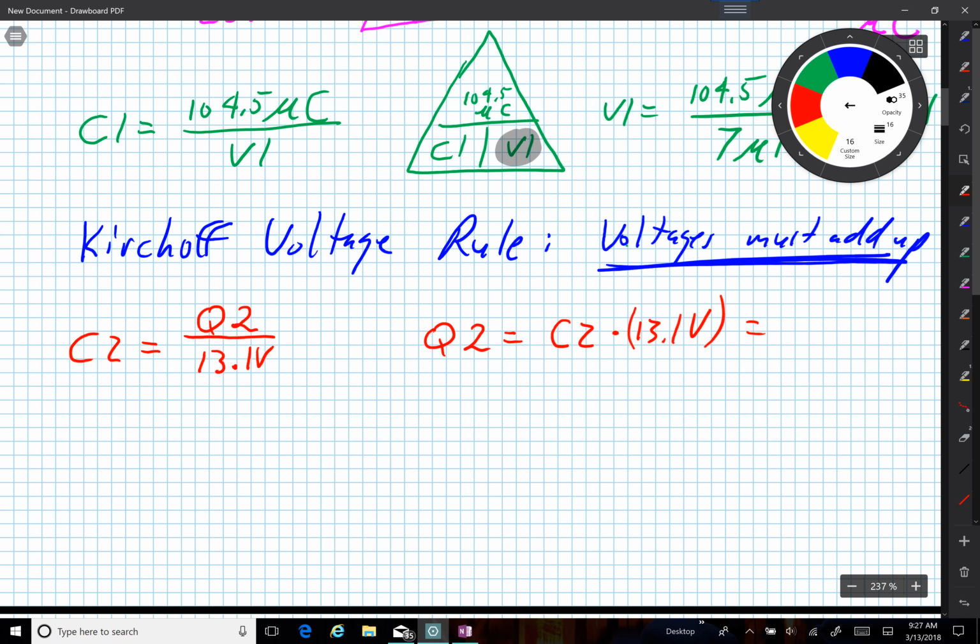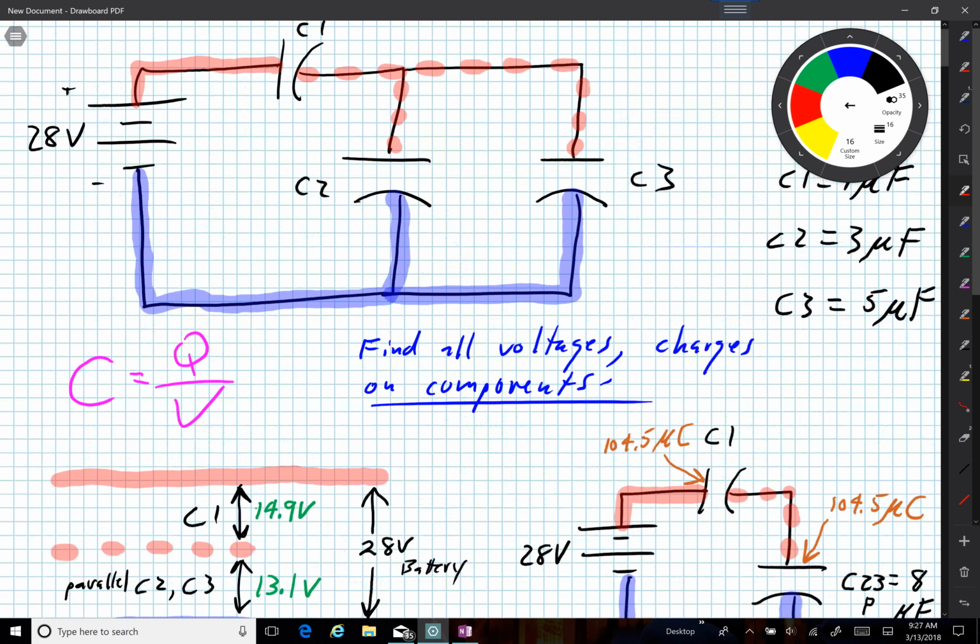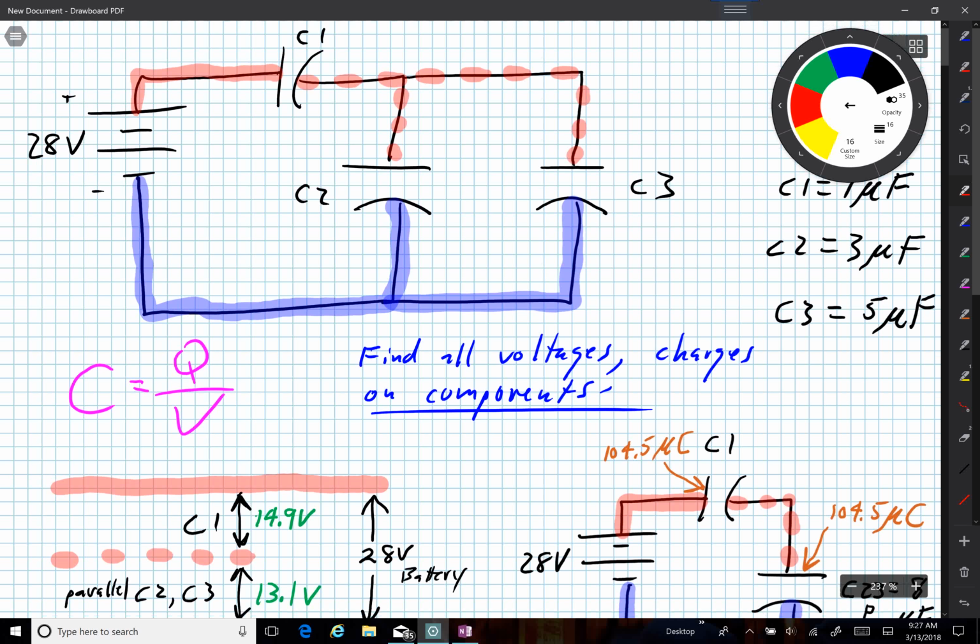Multiplication, right? And C2 was, let's see if I recall, it's way back here. C2 is 3 microfarads.